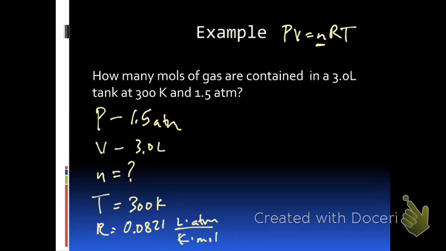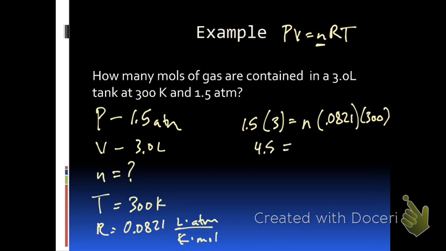All right, so let's plug it in. So 1.5 times 3 equals n, which is what we want to solve, times R, which is 0.0821, times the temperature here. So we need to solve that. Let me get my calculator out. So 1.5 times 3 is 4.5, right?